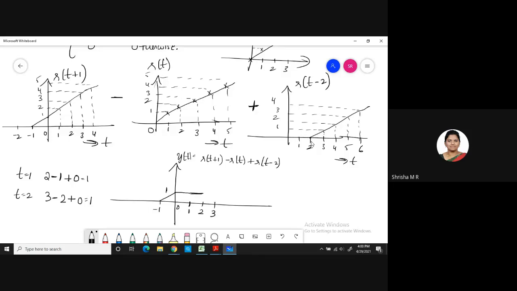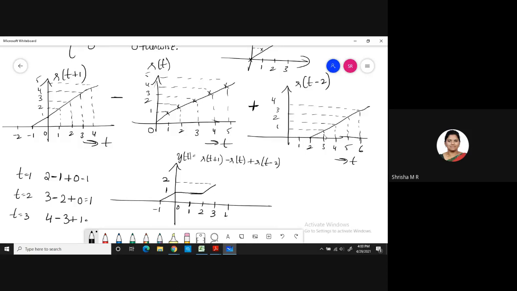We'll go to t is equal to 3. What is the amplitude in the first one? 4. Correct, 4, minus 3 in this signal at t is equal to 3, plus 1 in this signal. So 4 minus 3 is 1, plus 1 is 2. So you have the amplitude 2 at 3.